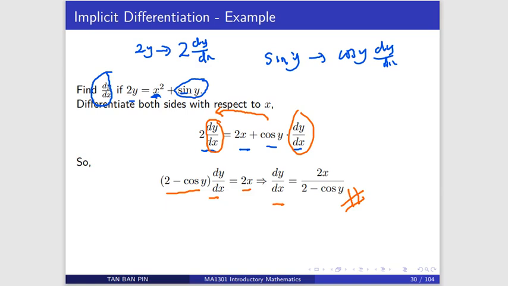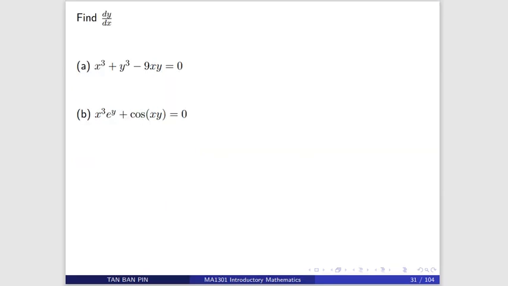Let's look at two more examples. It's also on implicit differentiation. Here you have x cubed plus y cubed minus 9xy, and you're supposed to find dy/dx. Differentiating x cubed will give you 3x squared.